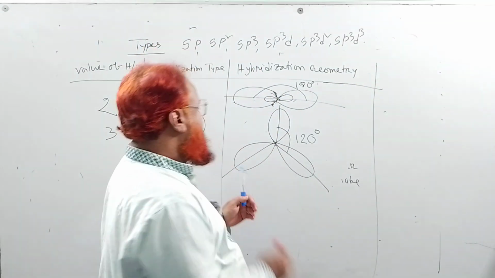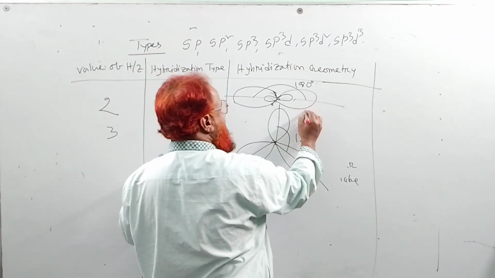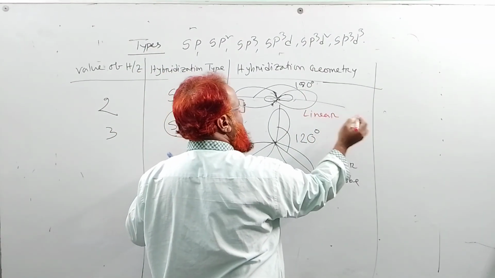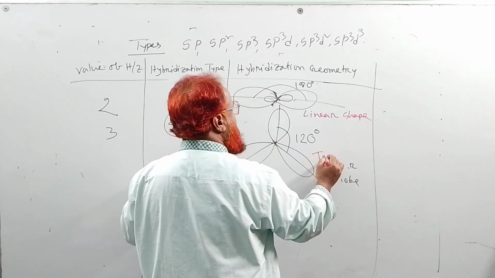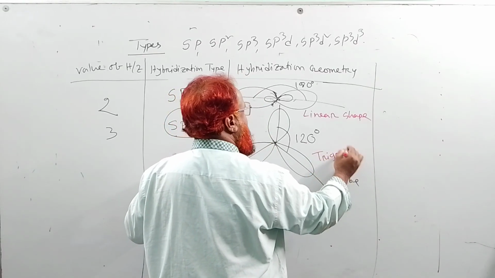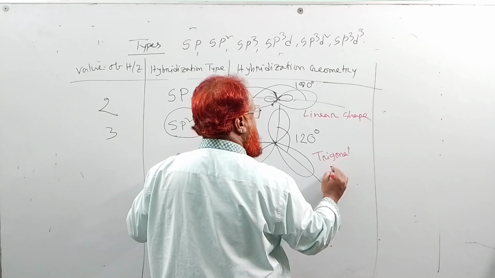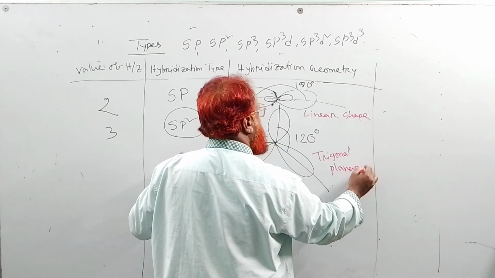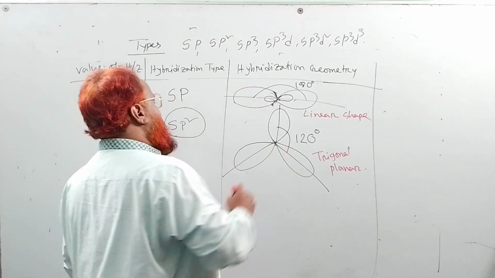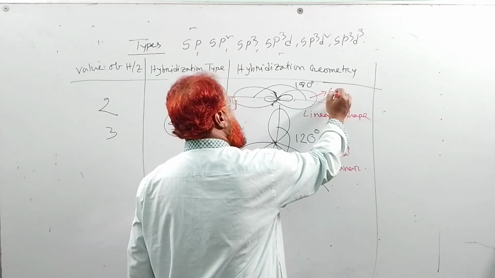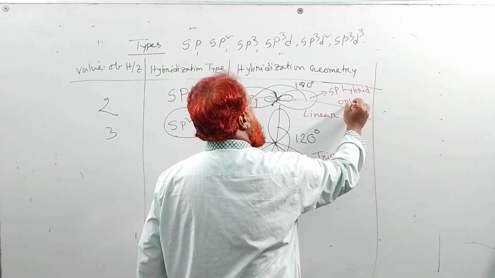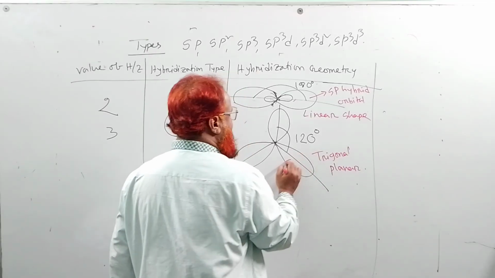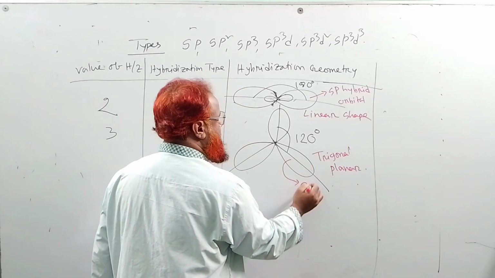Now, this shape is linear shape, and this is trigonal planar shape. Okay. And the name of every orbital here is sp hybrid orbital, and here every hybrid orbital is called sp2 hybrid orbital.